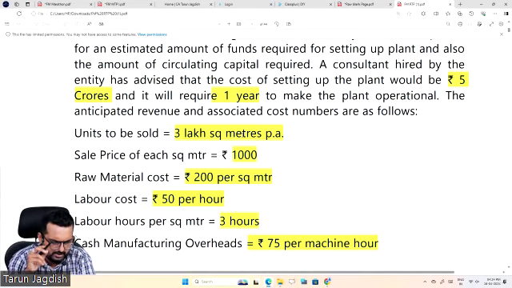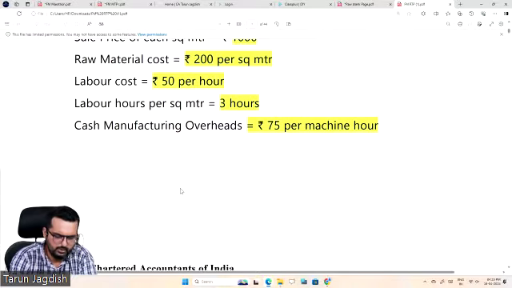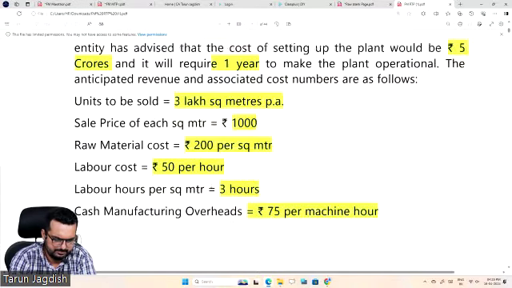Then they have told cash manufacturing overhead is how much? 75 per machine hour. So there are two types of hours. Labor hour is different, machine hour is different. So write down the next point. Cash manufacturing overhead. Overhead 75 rupees per machine hour.